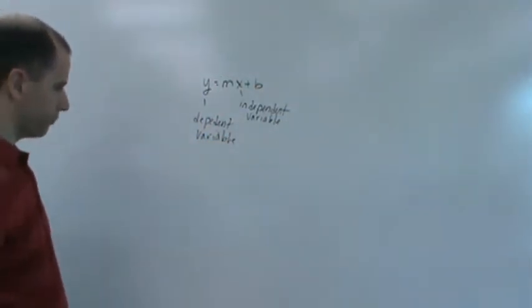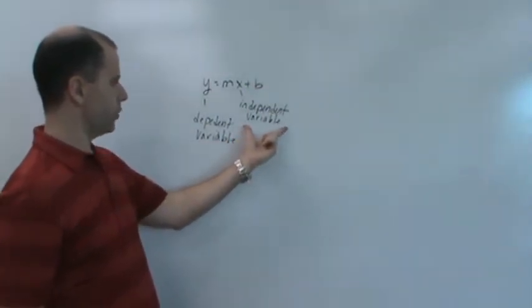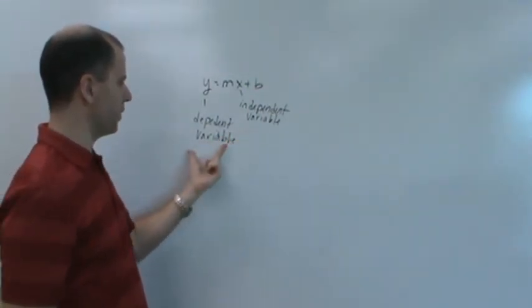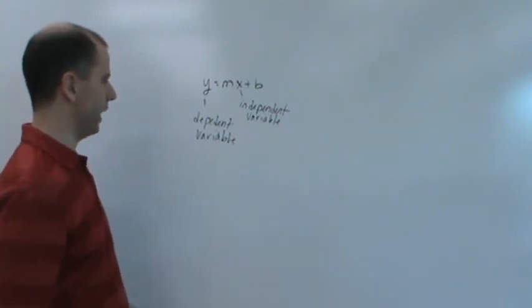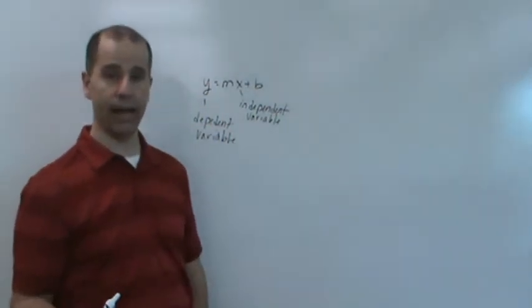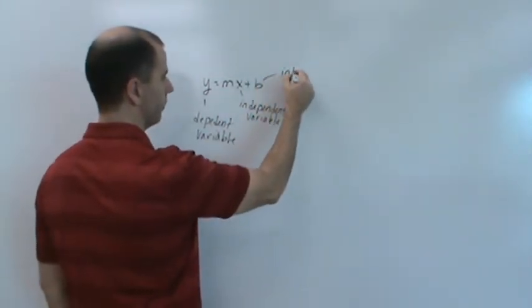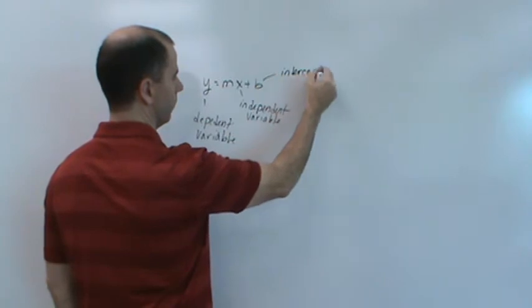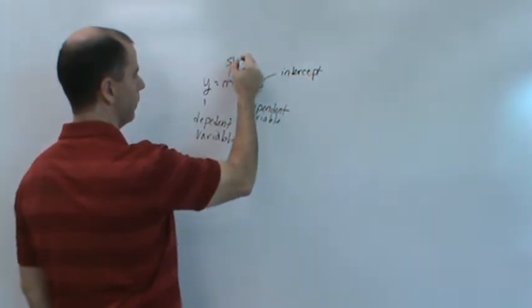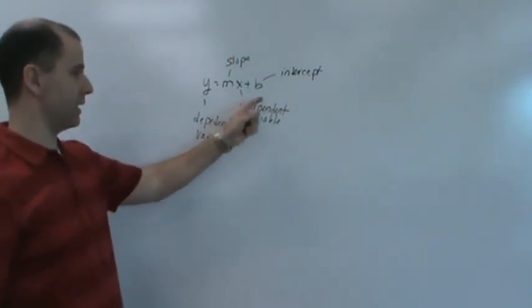Once we want to describe the relationship between these two variables, x and y, the thing that describes the line is the intercept and the slope. So m is the slope and b is the intercept.